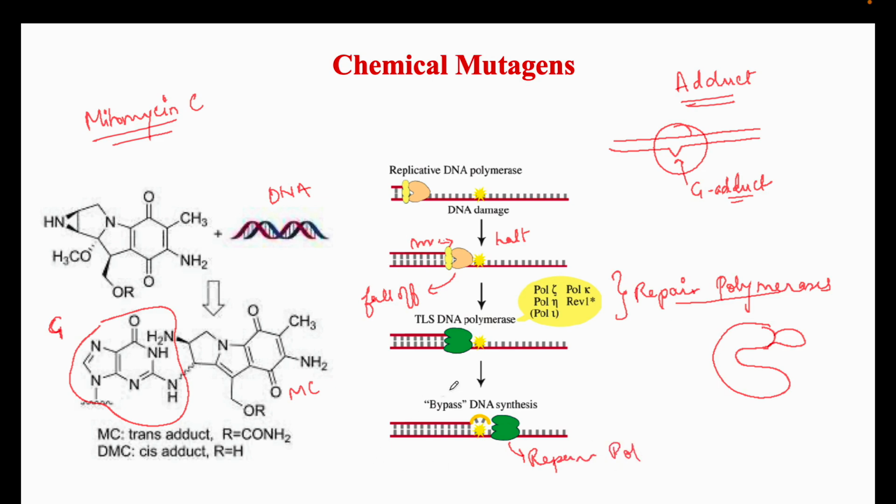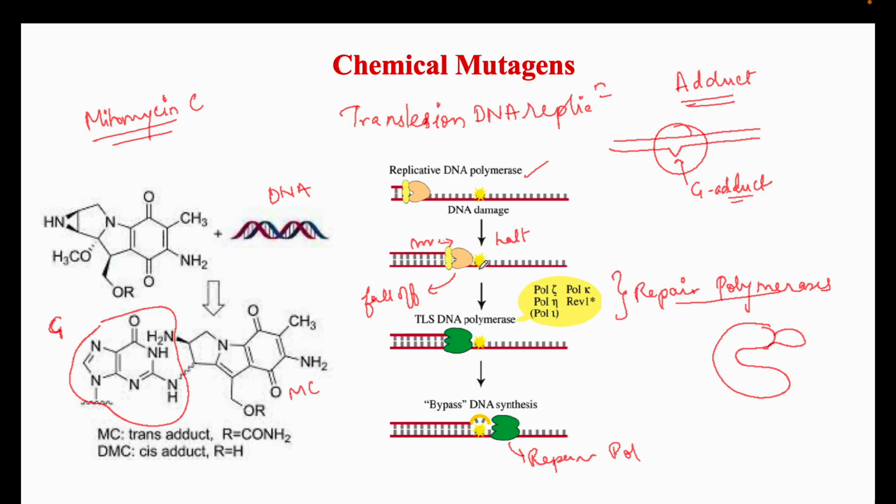They'll fall off, and then the regular DNA replication will be again continued by the replicative DNA polymerase. Okay, so this process is known as translesion DNA replication. Okay, so there is a lesion here.